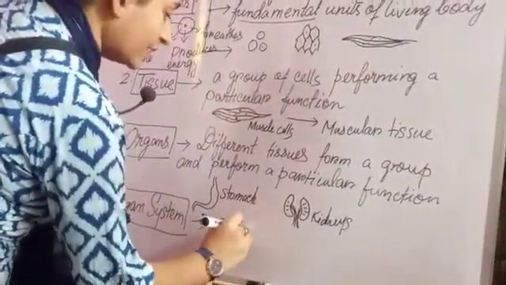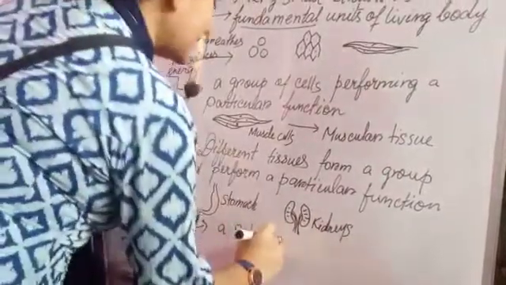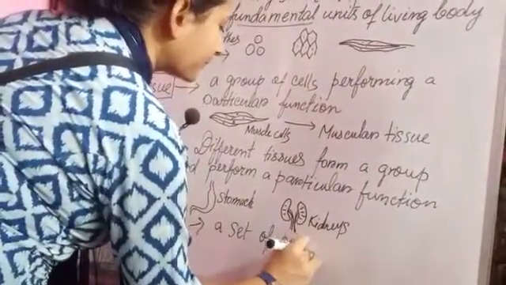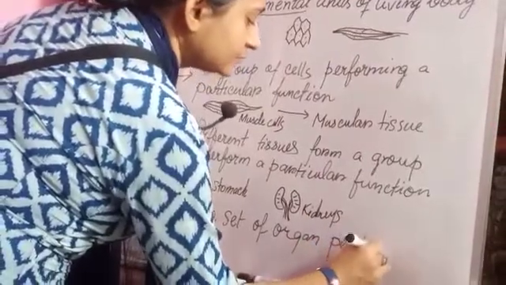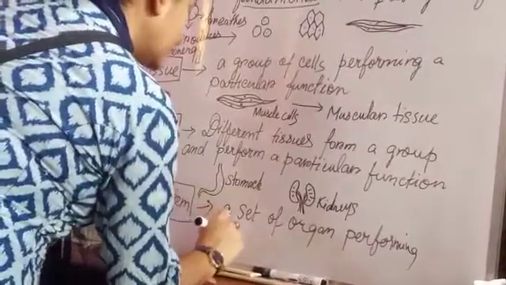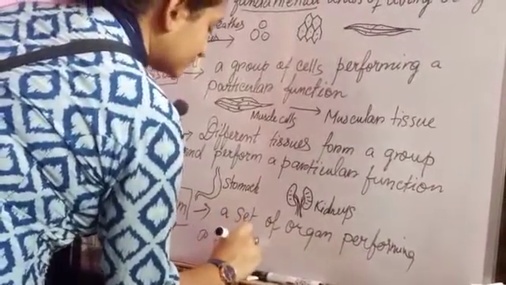An organ system. So how can we define an organ system? We can define an organ system as a set of organs performing a particular function.